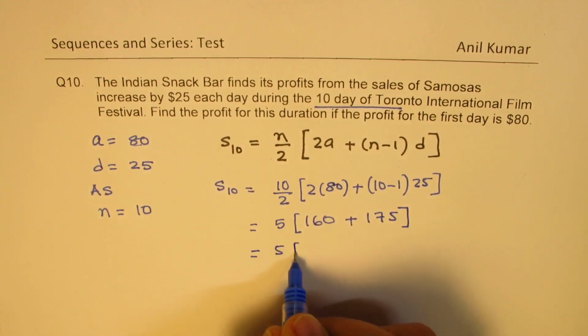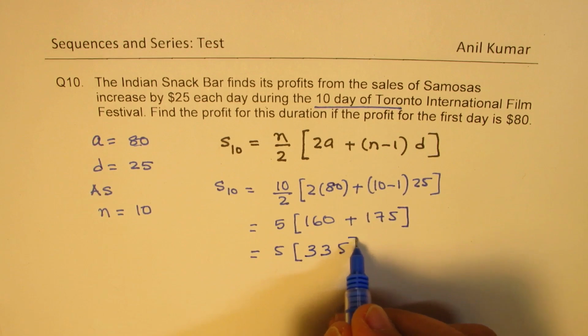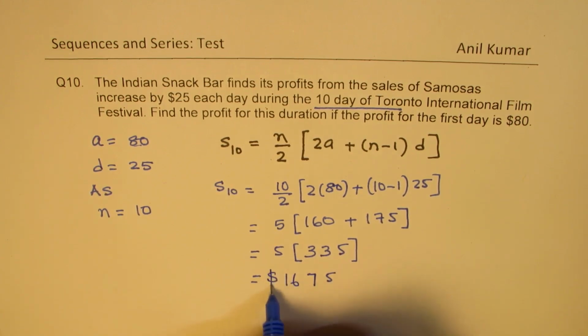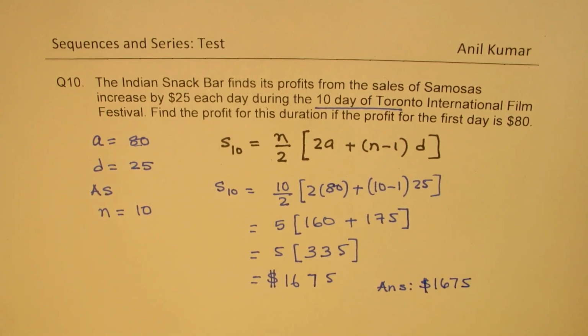So that becomes our answer, right? So we get 5 times 385. And multiplying, 5 times 5 is 25, 5 times 8 is 40 plus 2 is 42, 5 times 3 is 15 plus 4 is 19, so we get 1925. And the profit is in dollars. So our answer here is $1925. Correct?